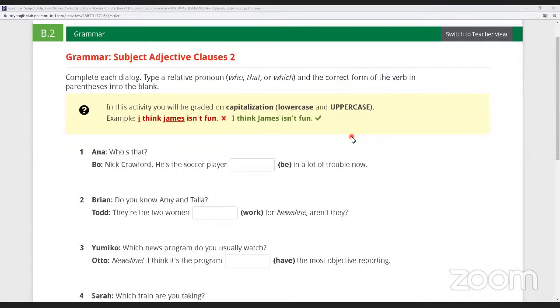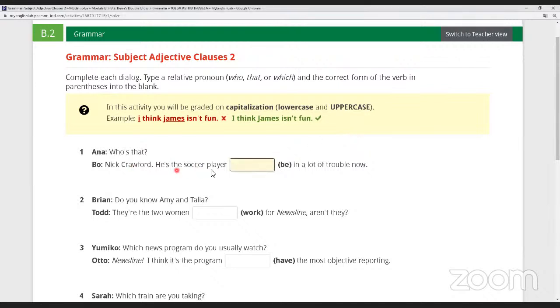Complete each dialogue, type a relative pronoun, who, that, or which, and the correct form of the verb in parentheses into the blank. Who's that? Nick Grover.